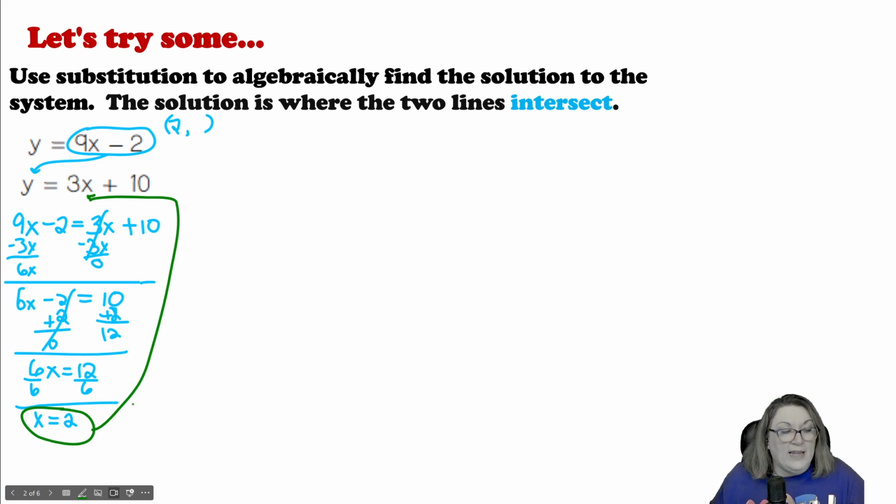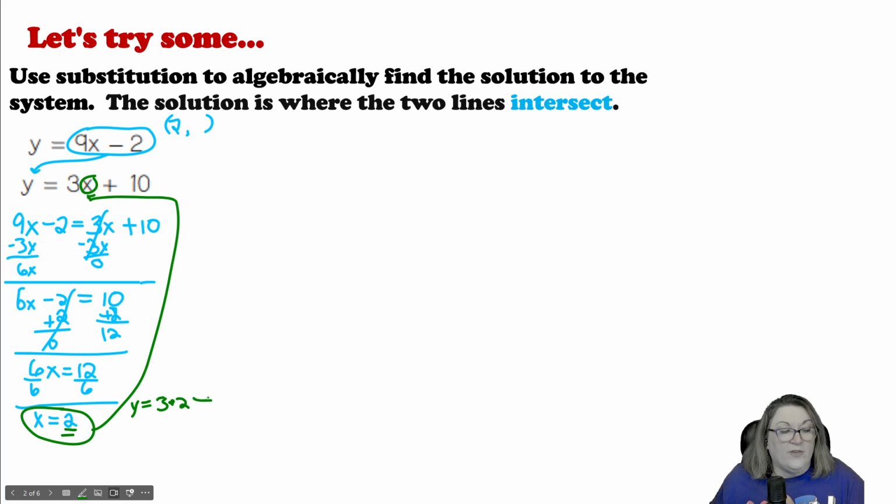So if I'm rewriting that second equation, I'm going to write it as y equals 3 times x. And since I'm taking the x out and substituting it with a 2 here, that's going to be 3 times 2 instead. All I did was take this x out and replace it with this 2. And then I'm going to finish writing the equation.